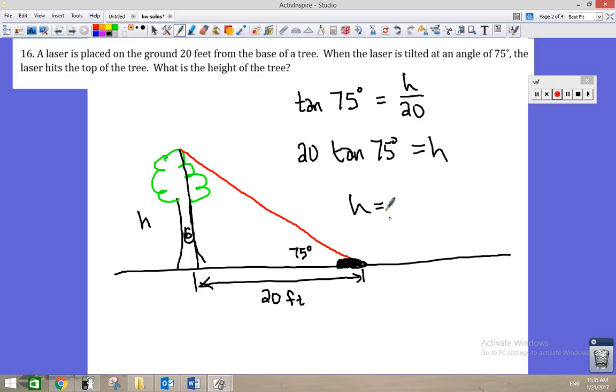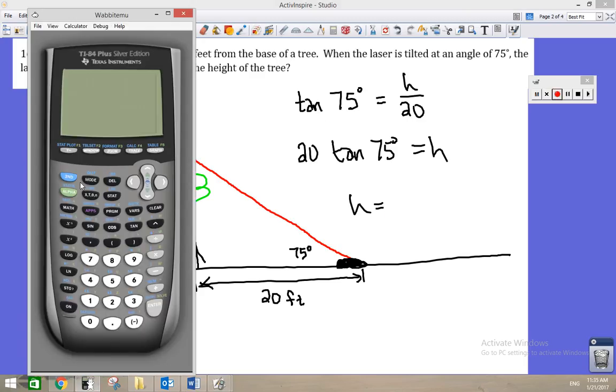If we go to the calculator, which is set on degrees to the nearest tenth, 20 times the tangent of 75 means the tree is 74.6 feet tall.